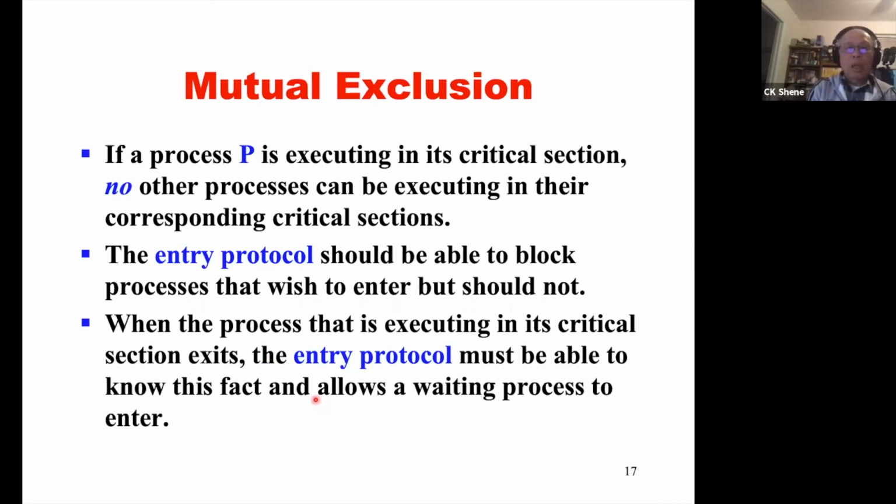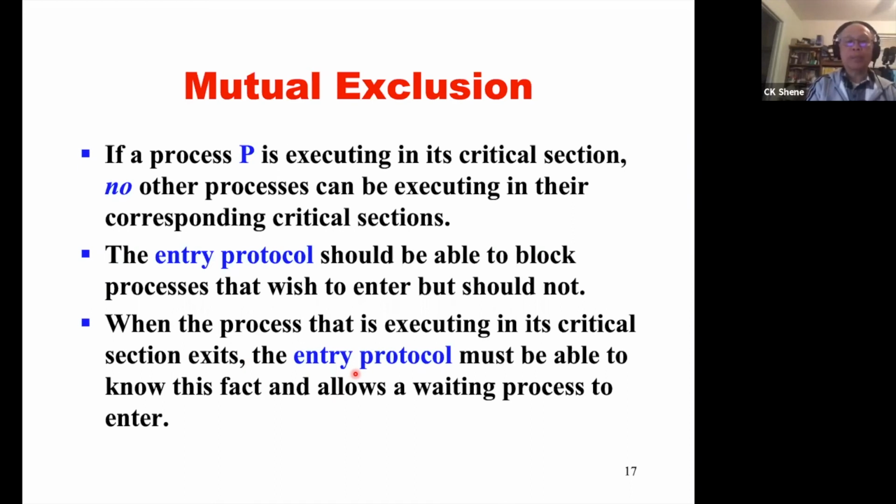So the exit section must find some way to report this fact to the entry section so that the entry section would allow a process to get in. Keep this in mind, the entry section should only allow one and only one process to get in. So this is the meaning of mutual exclusion.